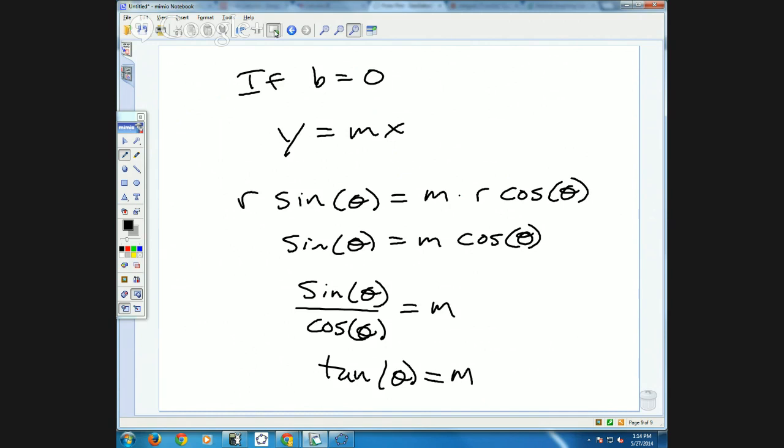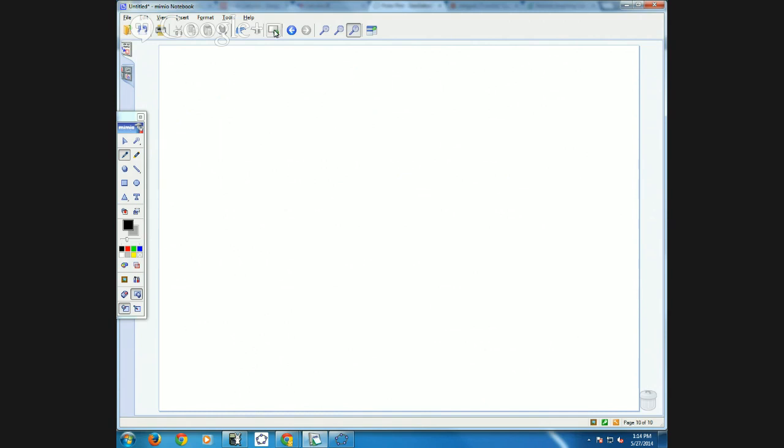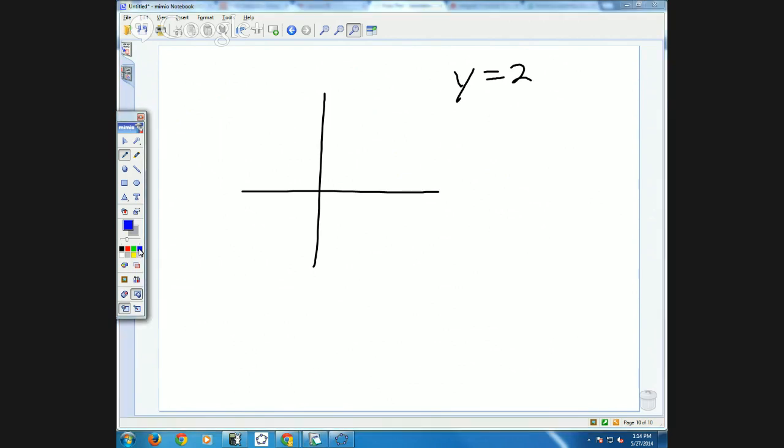Okay, check this out. Let me give you an example from rectangular coordinates. If I asked you to graph the equation y equals 2, what are you going to do? Two, like right here? Oh, horizontally through 2?